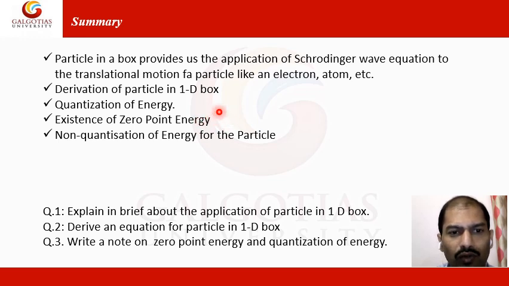So ground state energy, first excited state, second excited state, third, and so on. The n value will change from 1, 2, 3, 4 like that. That way you can find the zero point energy and get the different discrete energy levels. With the help of the particle in a one dimensional box, you can check it out.